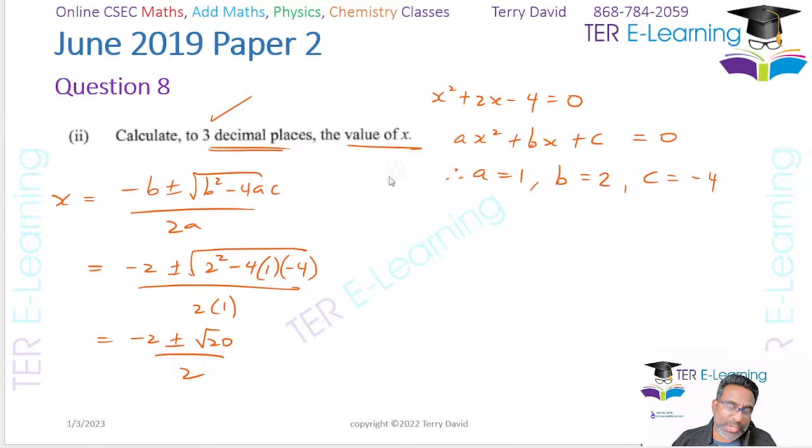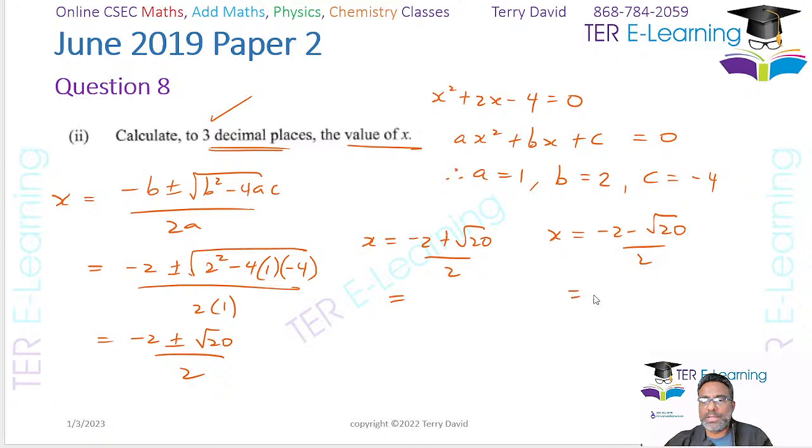Now, because it's a quadratic, I am going to get two solutions. So I can say either x is equal to minus 2 plus the square root of 20 over 2. That's one solution, right? Or I can get x is minus 2 minus the square root of 20 over 2. So let's see what we get in here.